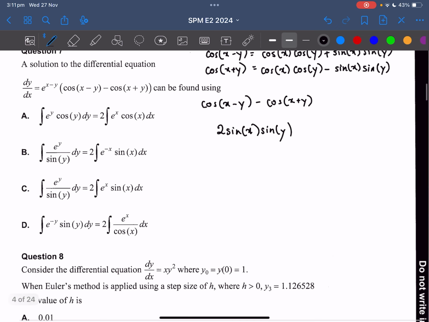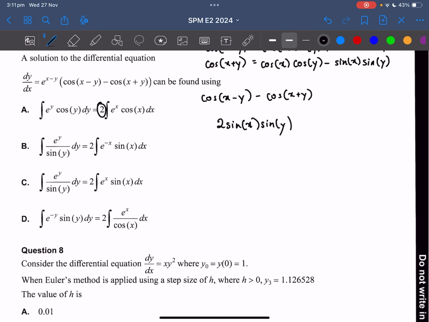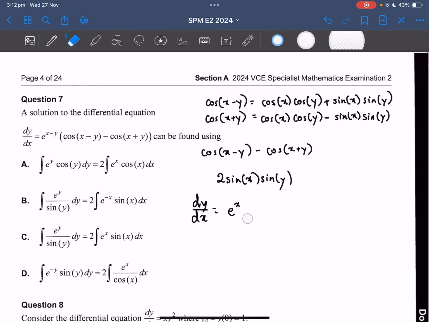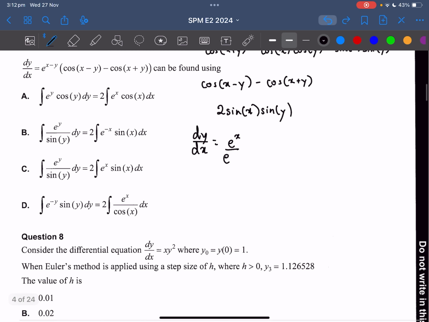Now one thing I do notice is that the 2 here is always with dx, so we'll keep that in mind. Okay, and I guess now we can express dy/dx as e to the power of x times e to the power of minus y, or maybe I can write e^y like that, e to the power of y, and times 2 sine of x and sine of y.